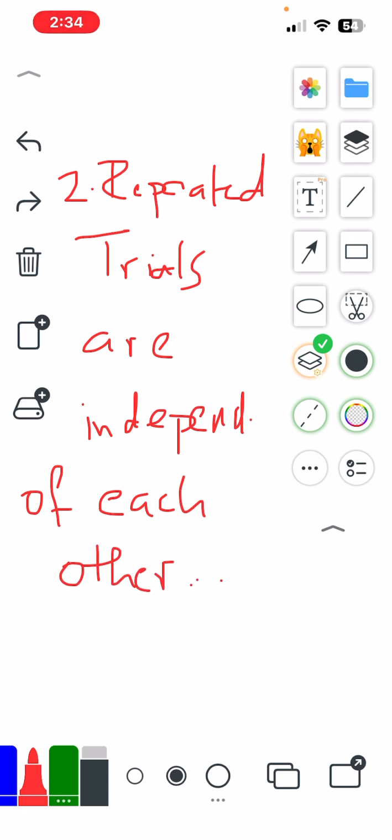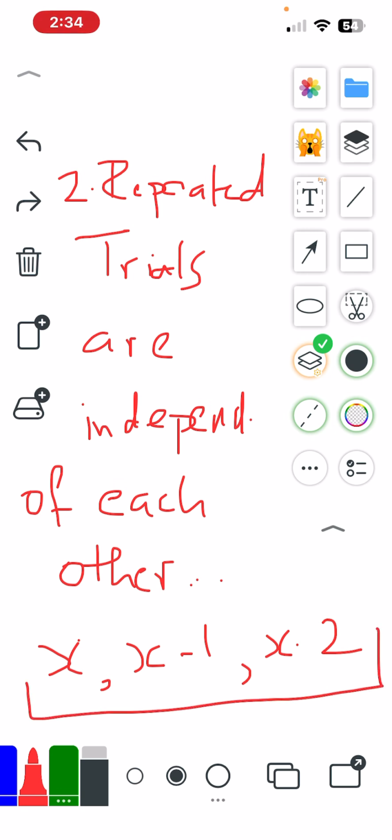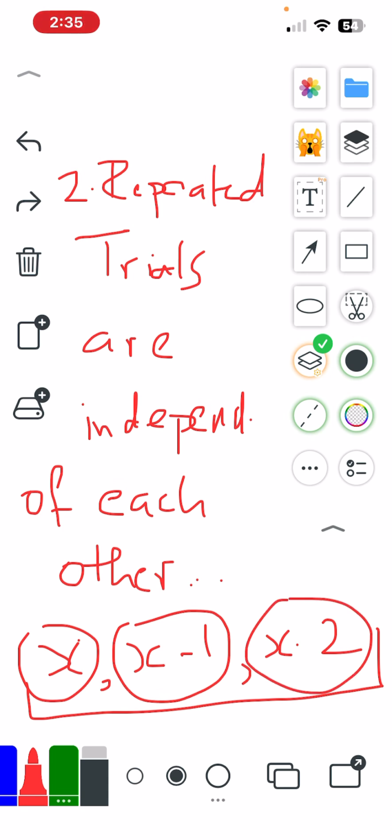What this basically means is that all these trials that we're looking at, trial number x, x minus 1, x minus 2, are independent of each other, which means the results from trial x do not relate to the results in trial x minus 1. The results in trial x minus 1 are not relevant to the results in trial x minus 2.